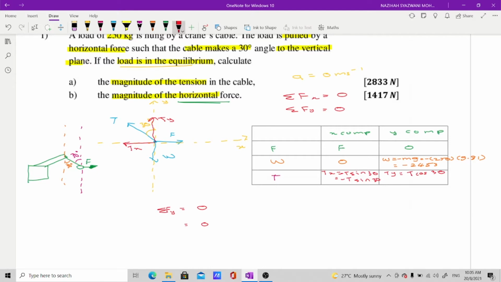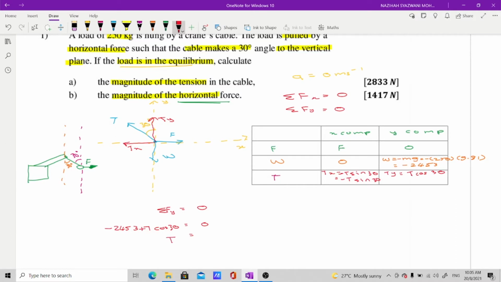On the y component, we have two forces. The first one is weight, so negative 2453, plus T cos 30.